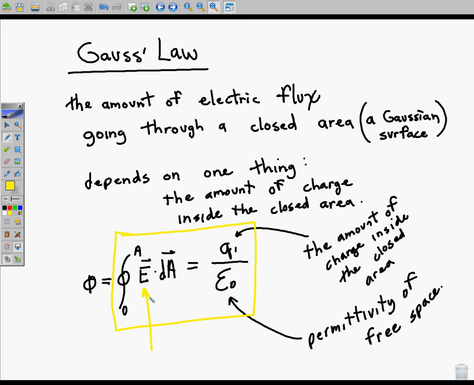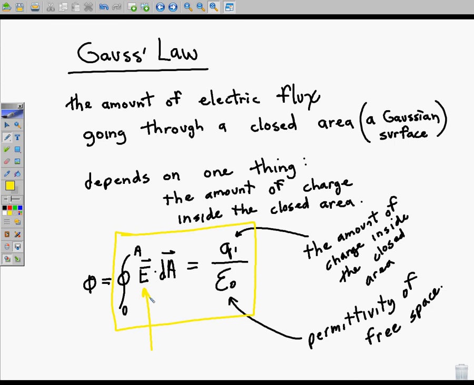Go ahead, Max. So before we found units for the flux and whatnot. Yes. But the permittivity of free space, epsilon 0, does that have units? Yes. You want the value in the units?